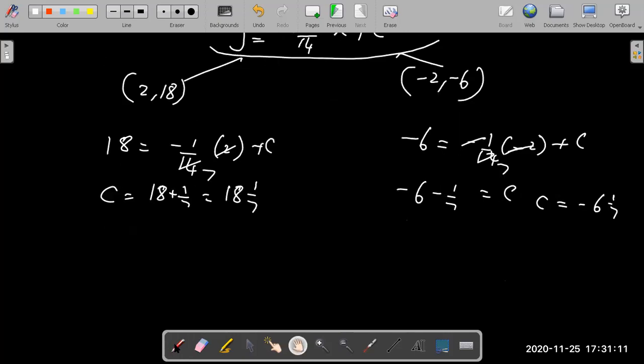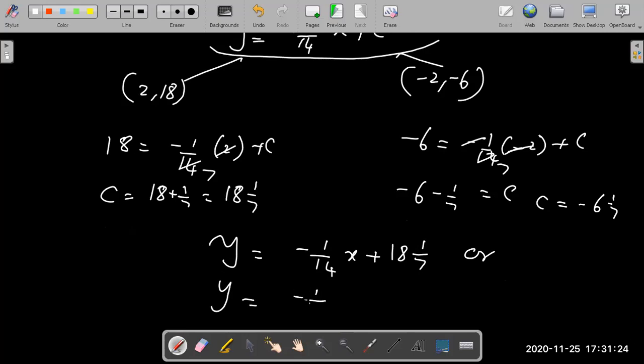So with the two different values, y = minus 1 by 14 x plus 18 1 by 7 is one equation, and the other equation is y = minus 1 by 14 x minus 6 1 by 7. We rearrange all the things with LCM and all, then you get the equation in a different form.